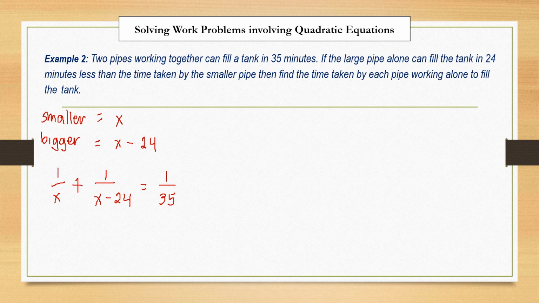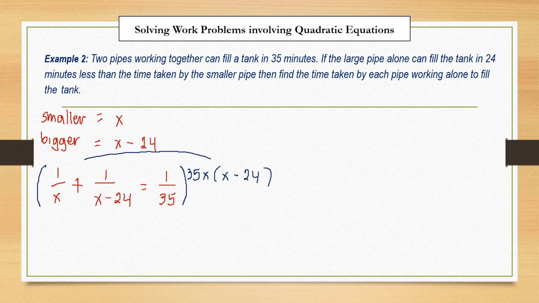How do we do that? By multiplying the entire equation by the LCM of all the denominators. For this rational algebraic equation, the LCM of all the denominators is 35x times quantity x minus 24.